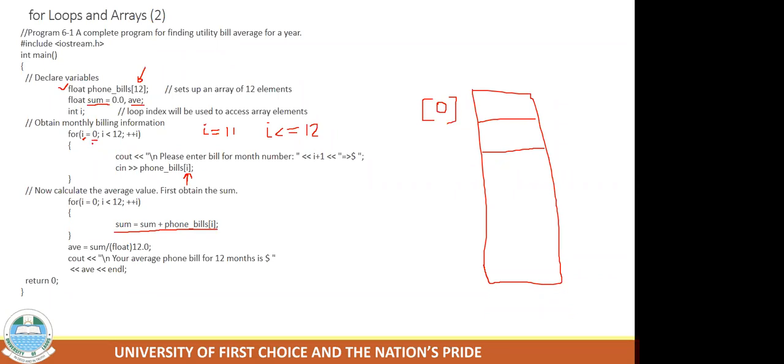When I is 0, we are inputting our value to this location. Let's say this is 12.5. So I gets incremented, I becomes 1. It asks itself, is 1 less than 12? Yes, 1 is. So let me go again.